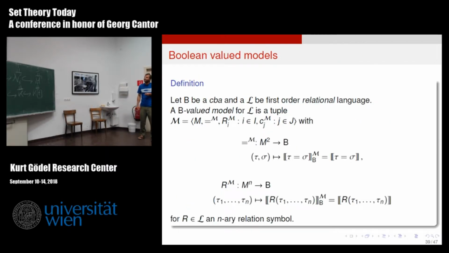And what is the semantics? Well, you take a B-valued model. What is that? It is a set together with relations. The requirement is that now you evaluate your formula in the Boolean algebra and not as true or false. So you have a relation of equality which assigns to every pair of elements in the structure a Boolean value stating how much they are equal, and then for any relation symbol you have a value of how much the relation holds for this tuple.